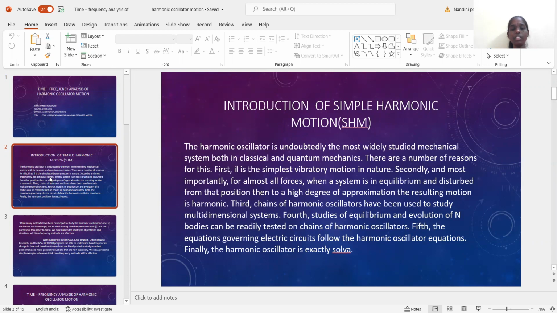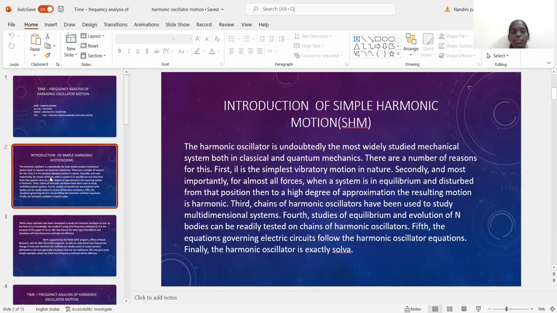Third, chains of harmonic oscillators have been used to study multidimensional systems. Fourth, studies of equilibrium and evolution of n bodies can be rapidly tested on chains of harmonic oscillators.